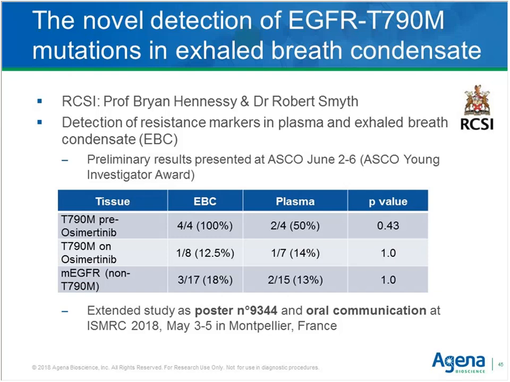So these numbers suggest that EBC detection was better than plasma, but you see the numbers are very low, and also this study got extended. But I can confirm that, very exciting, the detection of T790M in EBC is as good as in plasma.